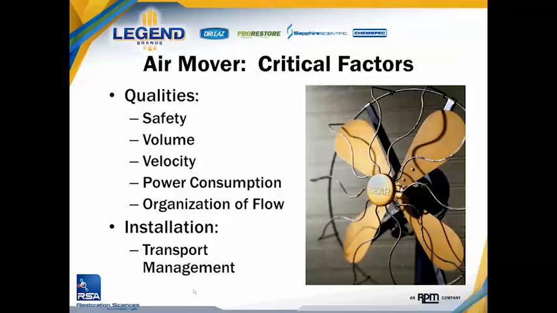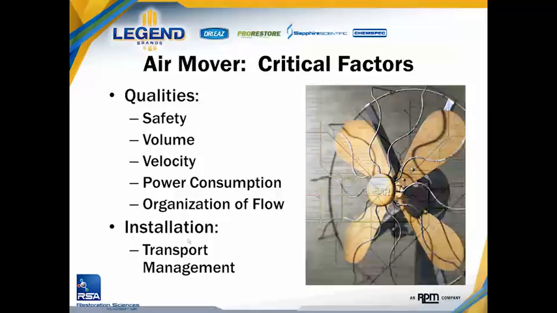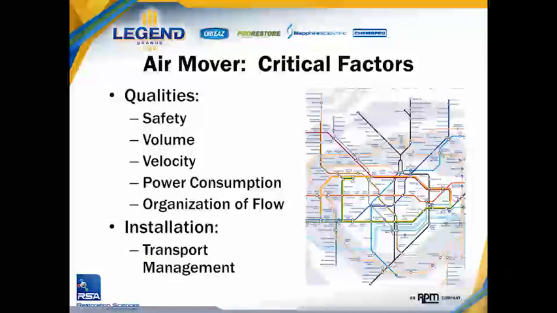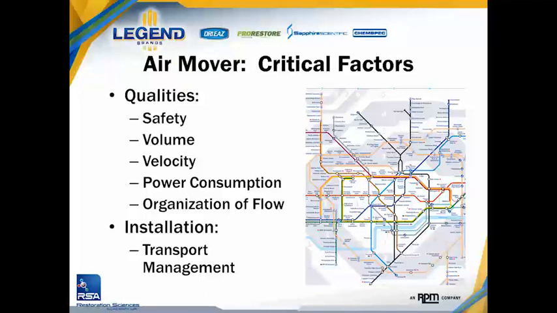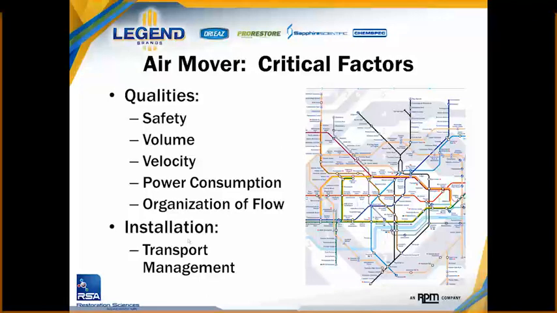Another component to air movement, however, has nothing to do with the air mover itself, and it's the user of the air mover. It's the installation of that air mover. There's a strategy to managing air movement, and the best way to explain the analogy behind that strategy is to use the wonderful rail system, the Underground, and how that transportation system is strategically designed to ensure that we have all of the right capacity, all the right transport that is going to allow us to move people from one place to the other.